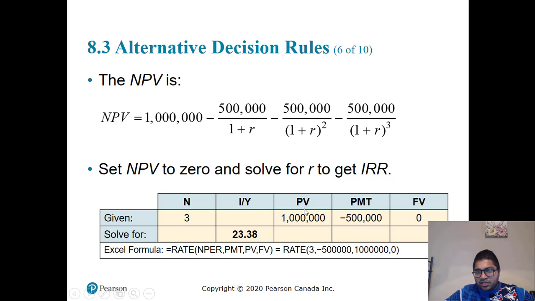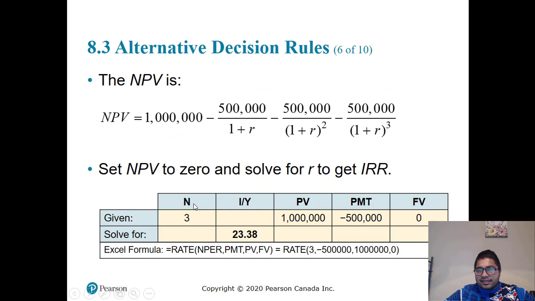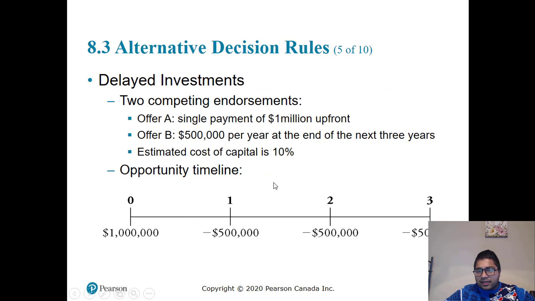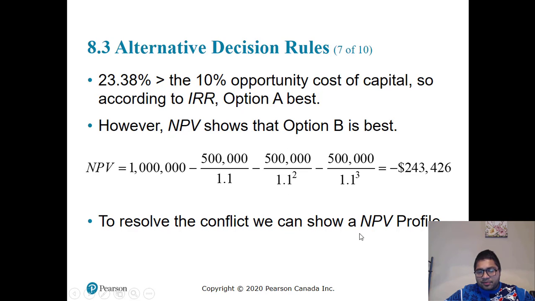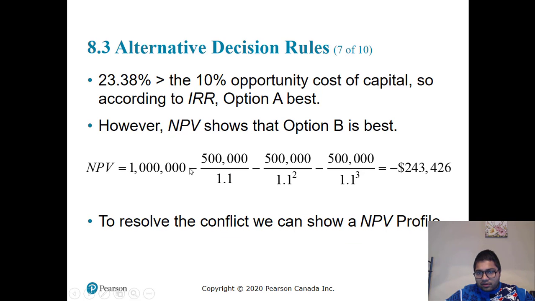So set NPV to 0 and solve for IRR. IRR is 23%. Okay. So 23% is greater than the cost of capital. So you should accept the project. However, NPV shows that option B is more beneficial. To resolve the conflict, we show the NPV profile.